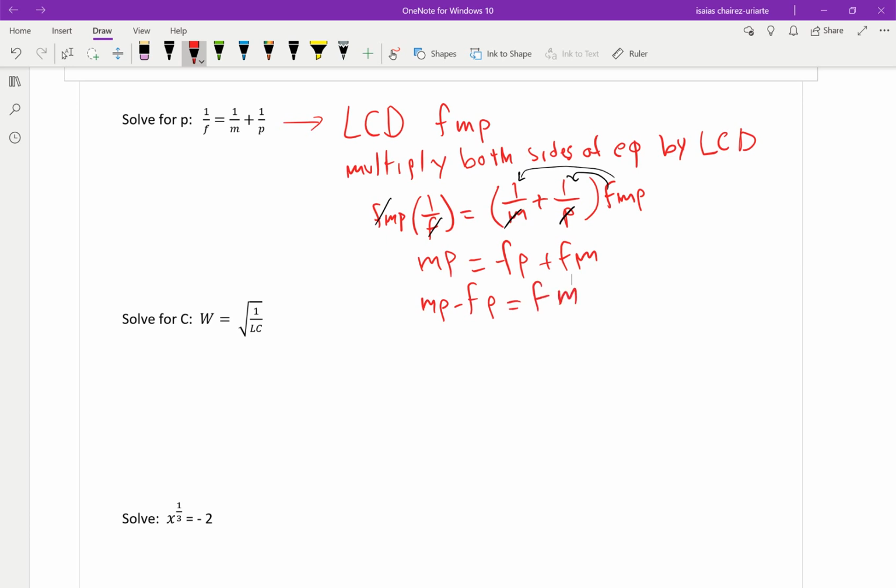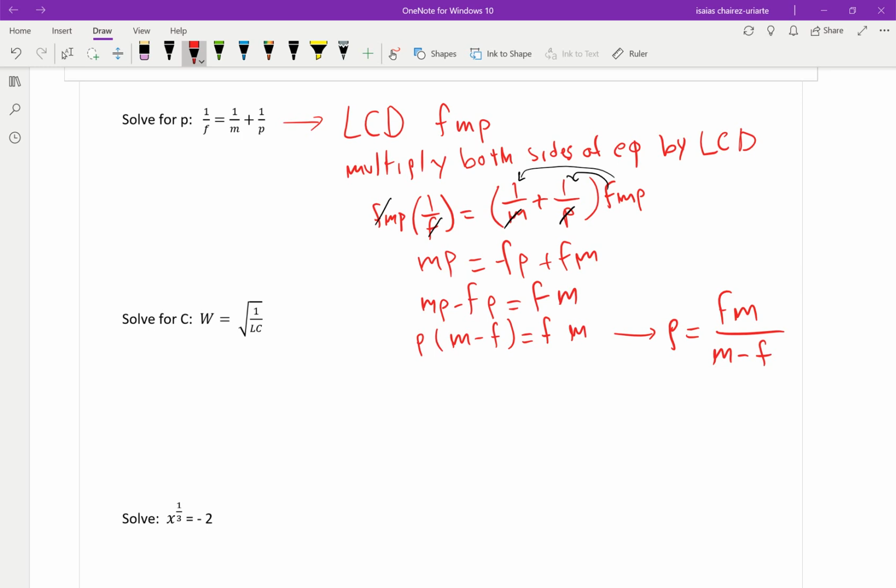I'm going to factor out a P. And then I'm going to divide both sides by M minus F. Okay, so I've solved for P.